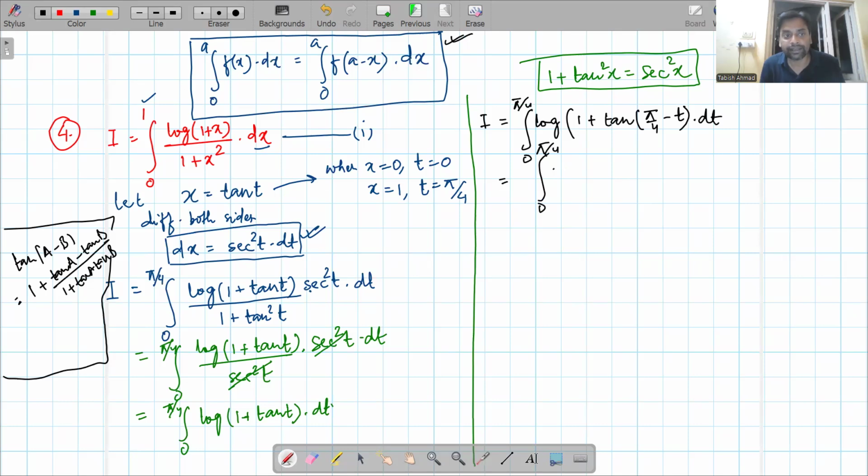What is our tan A? You see that is log, this 1 plus is already there, and we will be writing here.